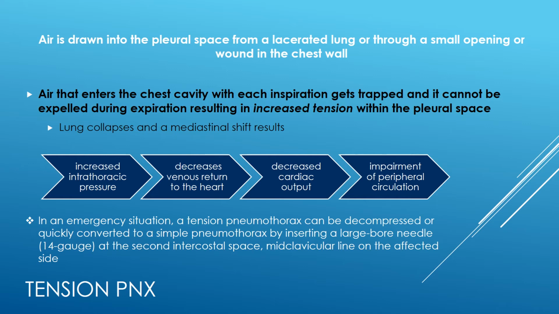If you're better with picturing things, it's like a big balloon building up in there, with all that pressure getting bigger and bigger, and they put a big needle through the chest wall into that balloon, and it allows all that air to squeak out. You hear a big whoosh of air when that happens. So tension pneumothorax is very serious because of how it can put so much pressure on the heart and cause all of the mediastinal shifts.